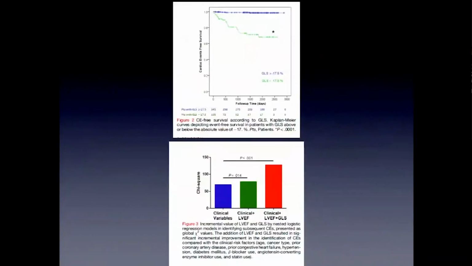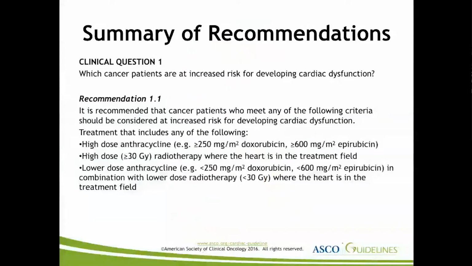So much so that you can create Kaplan-Meier curves, and if you use the cutoff of minus 17.5, you could separate the ones that are going to develop symptomatic heart failure or die versus the ones that will not. What is interesting is that global longitudinal strain has added value on top of ejection fraction, as shown over here in this graph. So it gives you information that we didn't have with ejection fraction.